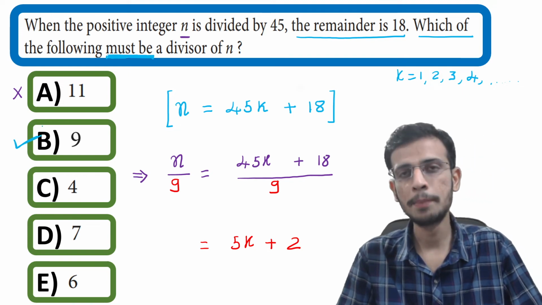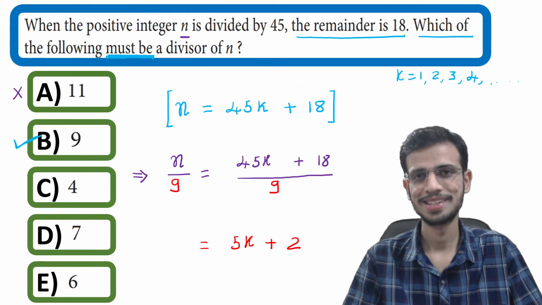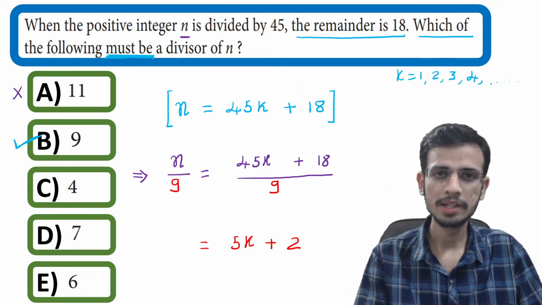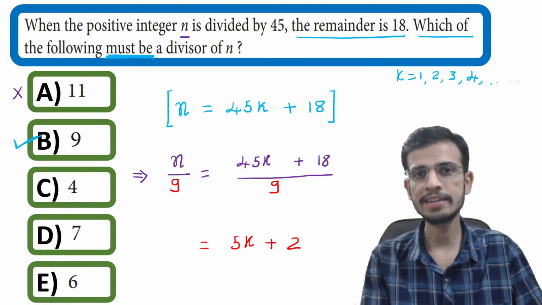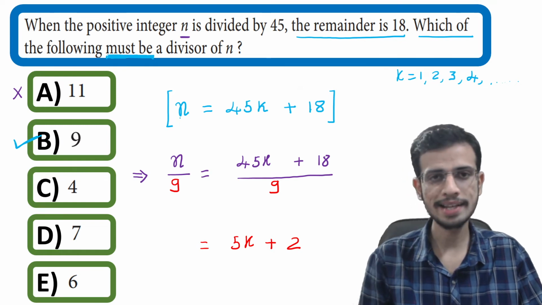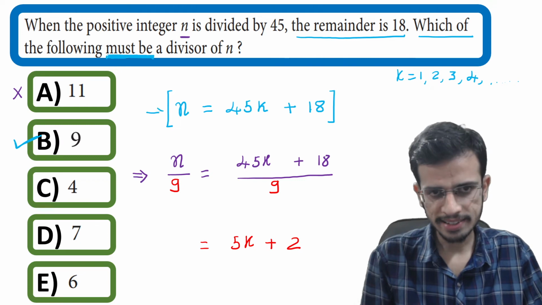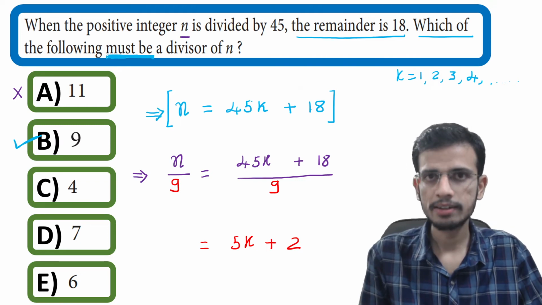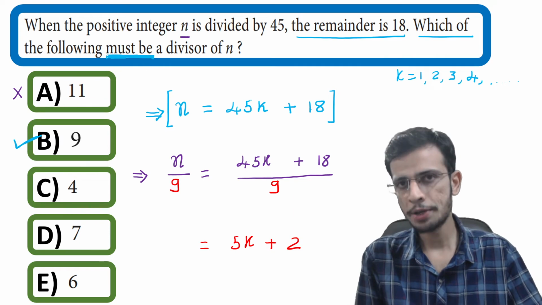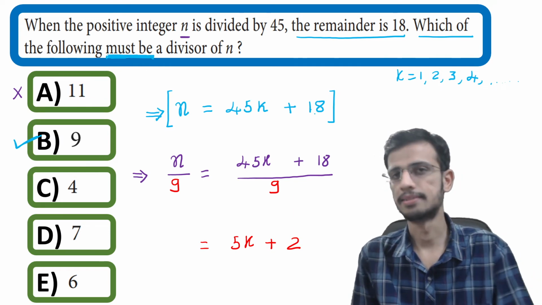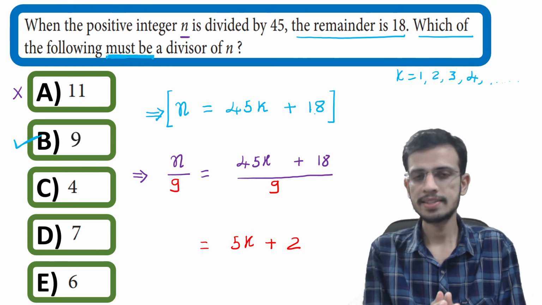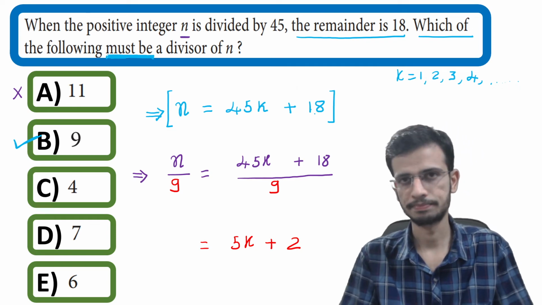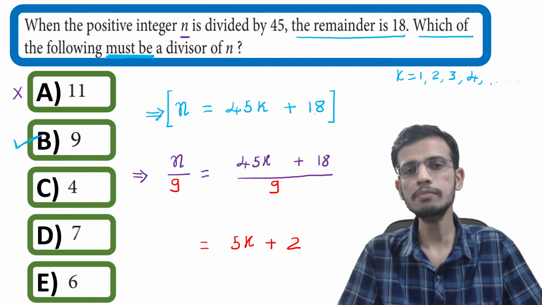For all such numbers that are giving remainder 18 when divided by 45, what is n? N is the set of all the numbers that, divided by 45, give 18 as remainder. Or you can say, when these numbers are divided by 45, they are giving 18 as remainder, right?